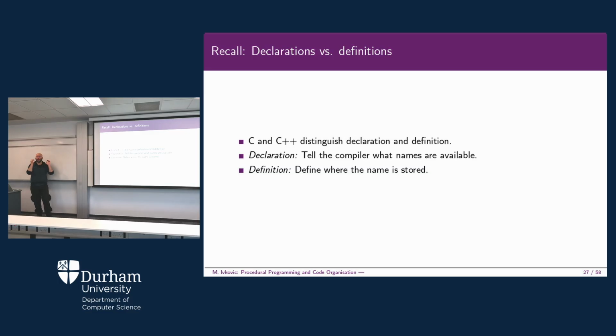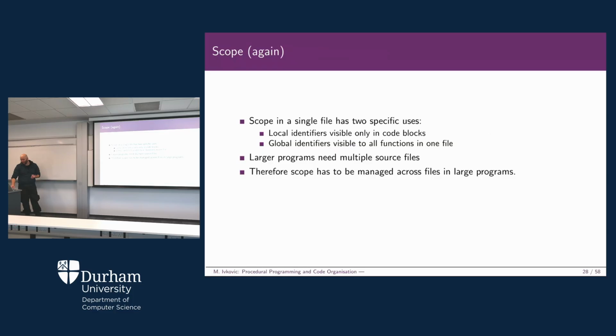So it could be an integer with the name my integer, or it could be a function which returns void and takes this and this parameter, right? This would be a declaration: what names are out there? Now, a definition is actually where this name is stored and what it contains, right?